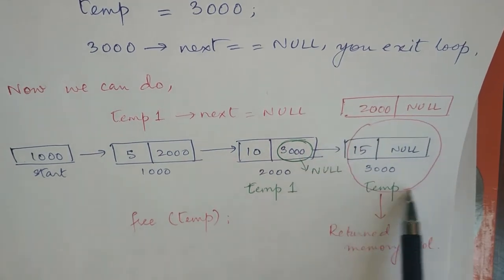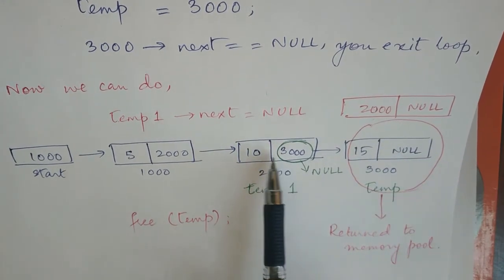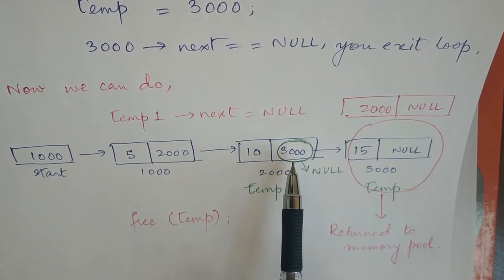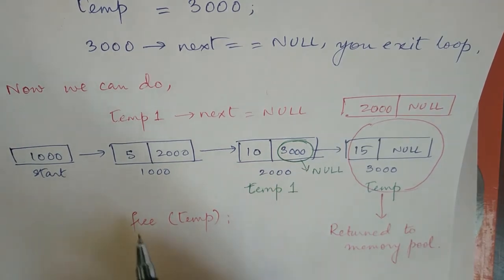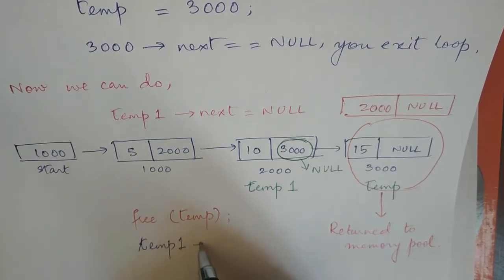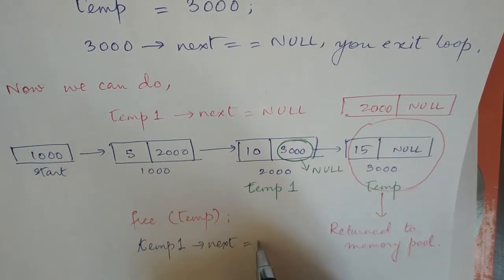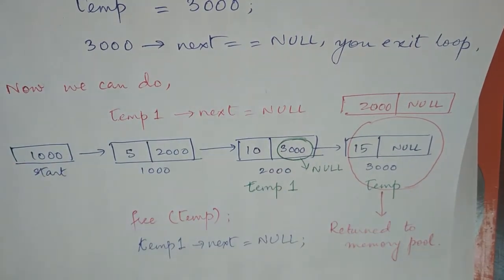So once we say free this, this node is returned back to memory, and now all we have to do is update the next field of temp1 to null. So I'll just write temp1 to next equal to null, and this is how I get done with deletion at the end. Okay, so I hope this is clear.